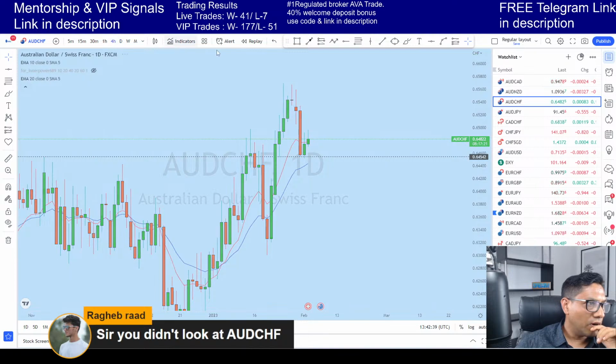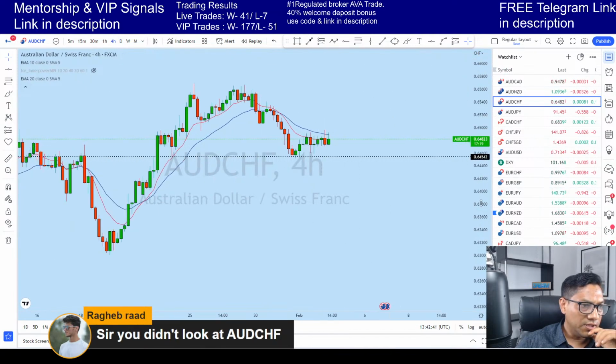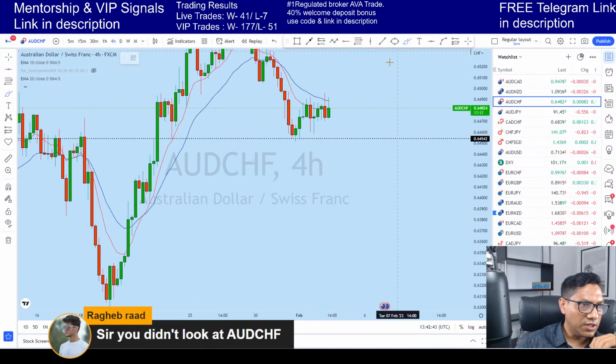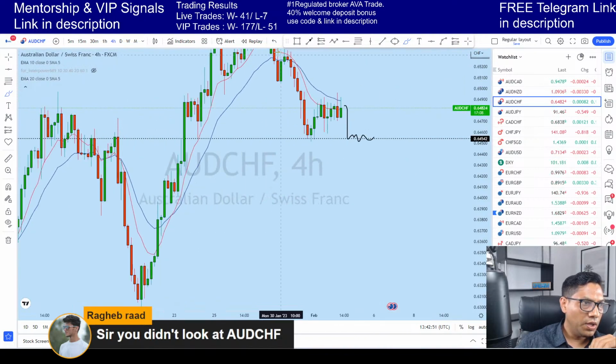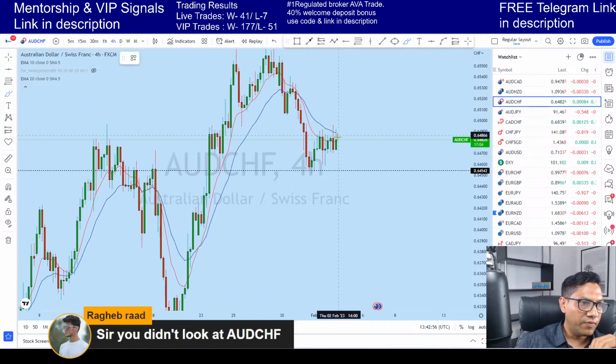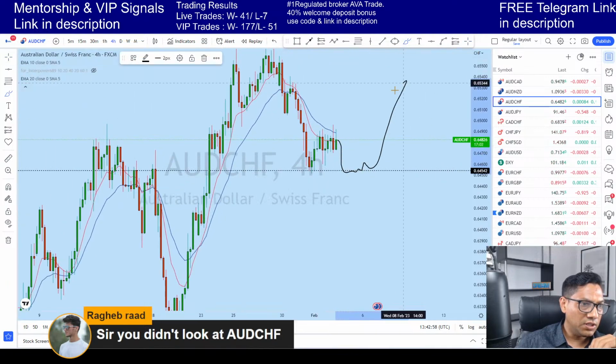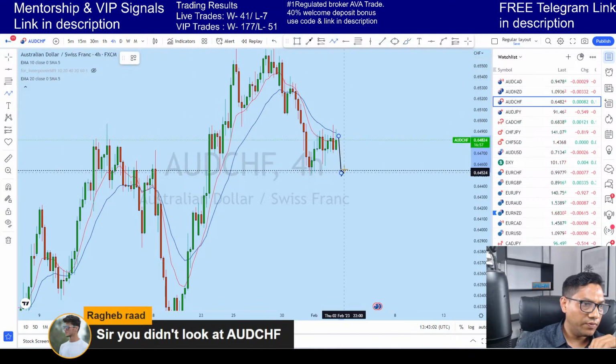For me, what I think is that you see this support we have drawn on AUD CHF, the price will drop from here. Highly likely that it might respect this level and from here will create a bullish move. To me, after a retest of this level, we might see a bullish move happen on AUD CHF.